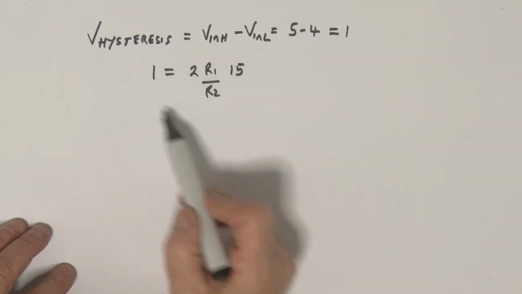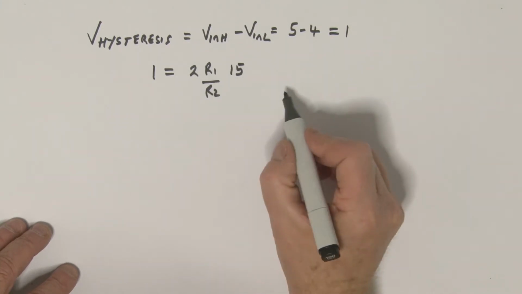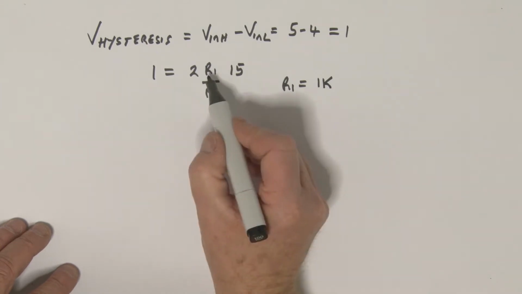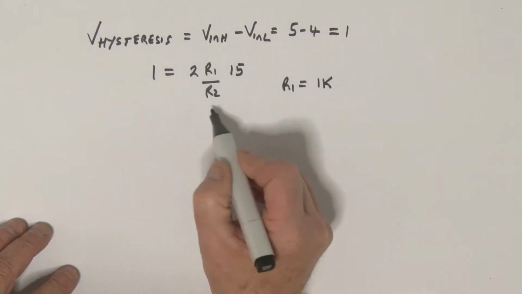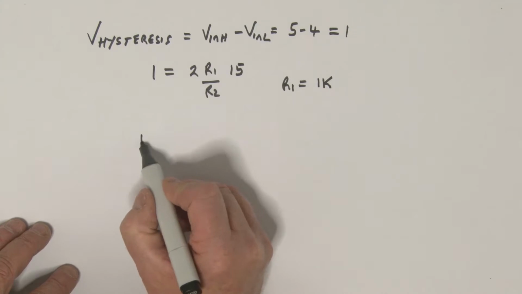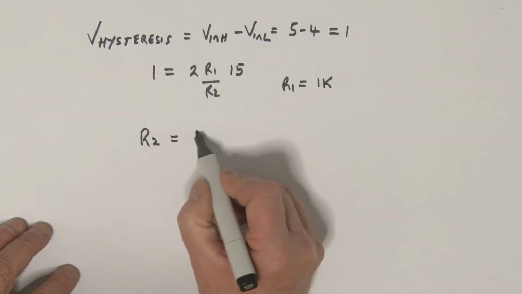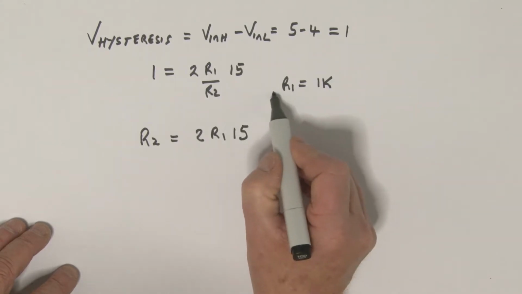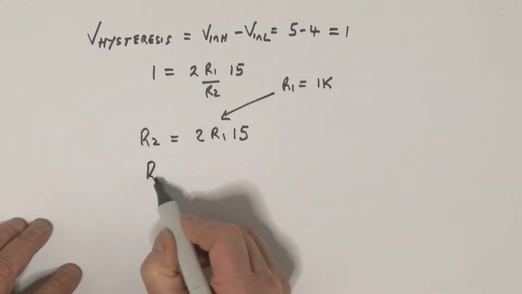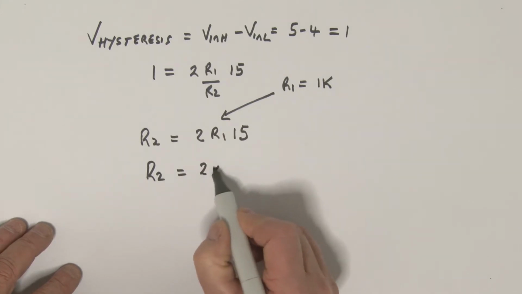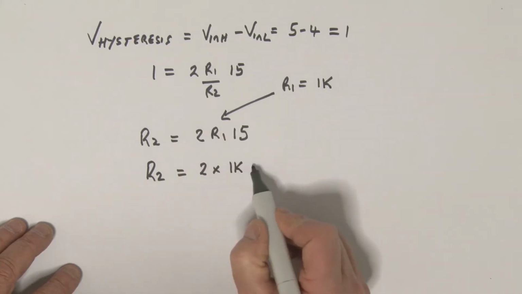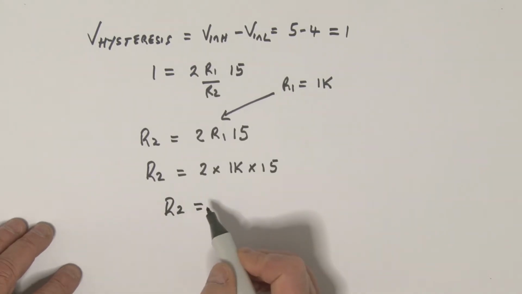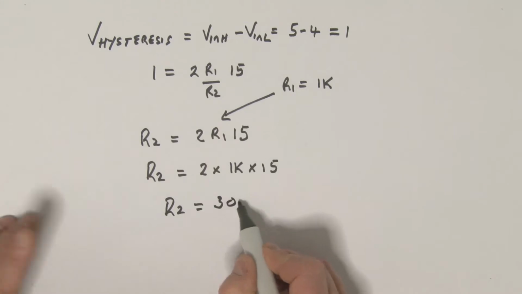Let's use this relationship here. We know R1 is given, equal to 1K. So let's put this information in and solve for R2. R2 is equal to 2 times R1 times 15, so R2 is equal to 2 times 1K times 15, and therefore R2 is 30K.